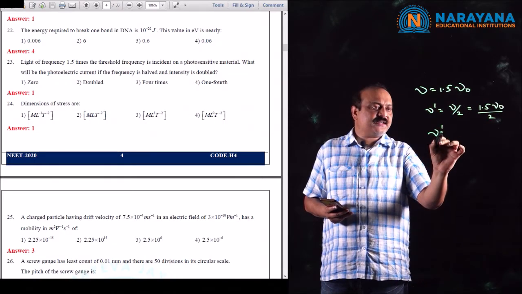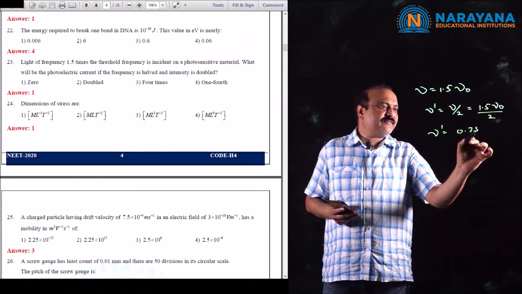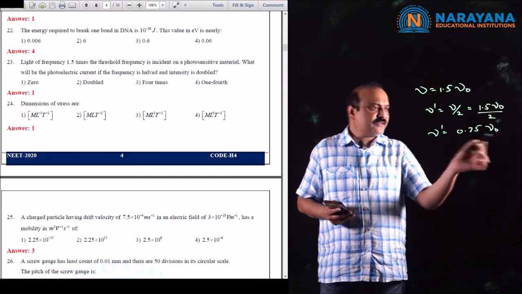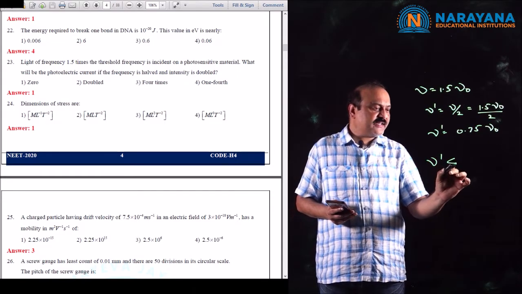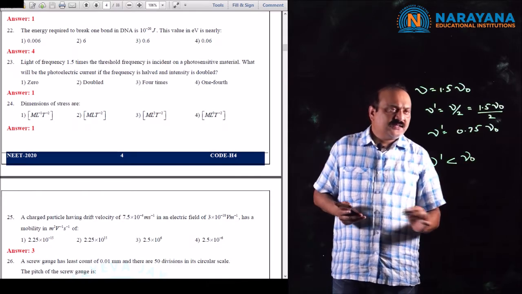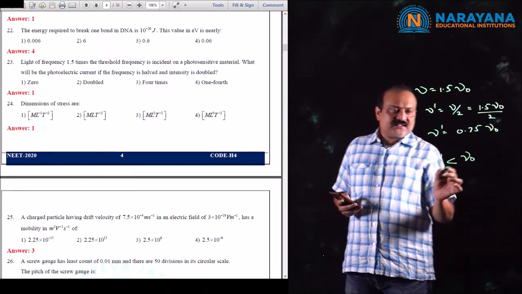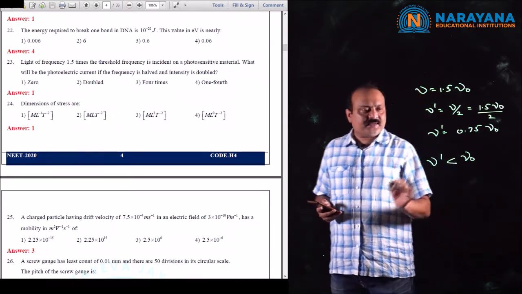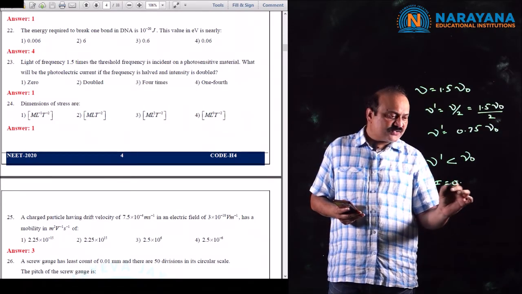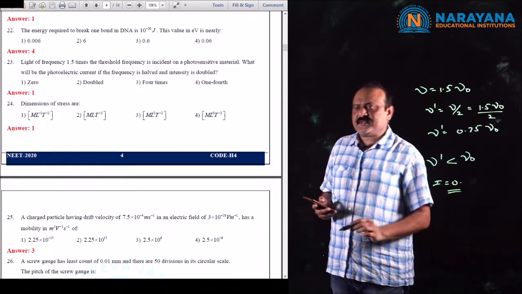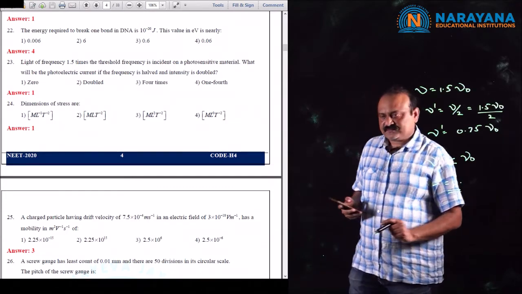Therefore, frequency becomes 0.75 nu naught. So according to this, the frequency of incident light is less than the threshold frequency. Therefore, no photoelectron is emitted from the metal. So photoelectric current is I equal to 0, whatever may be the intensity of light.